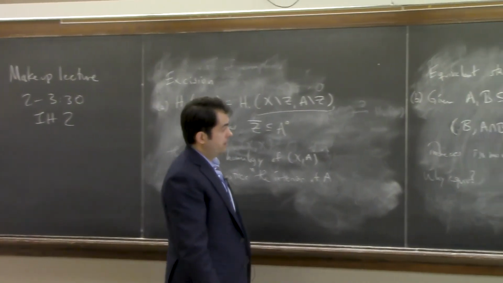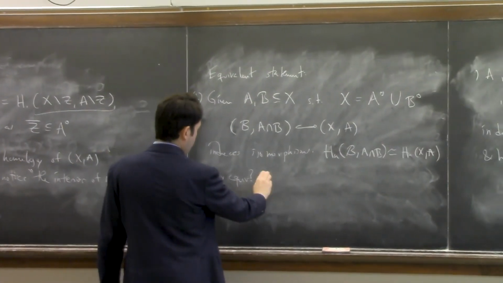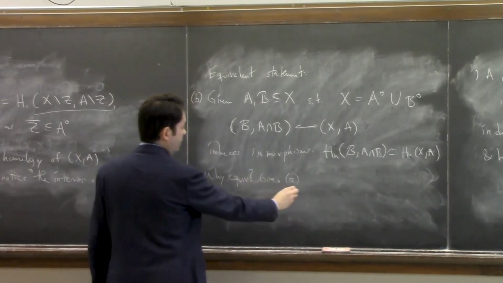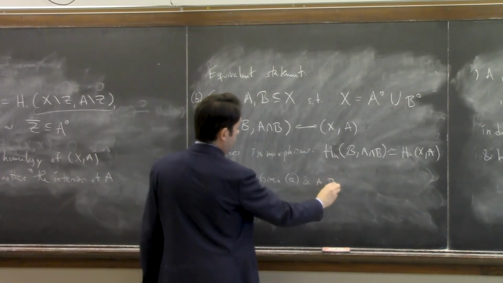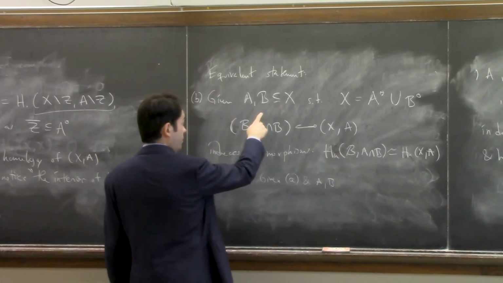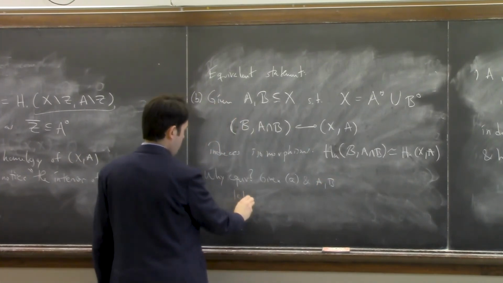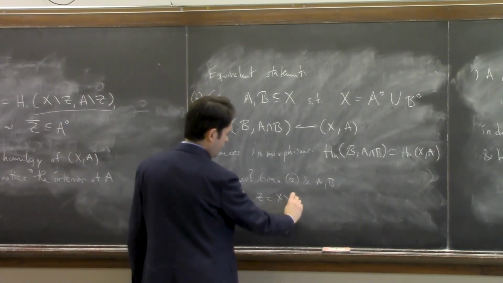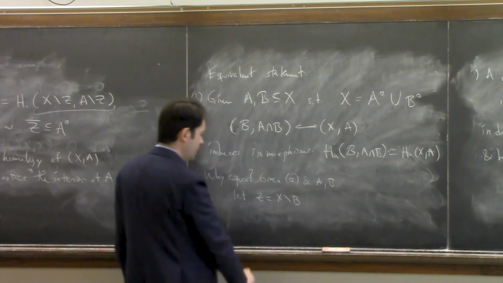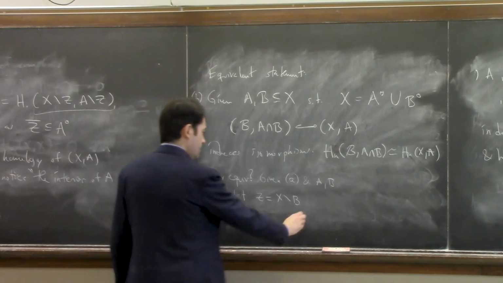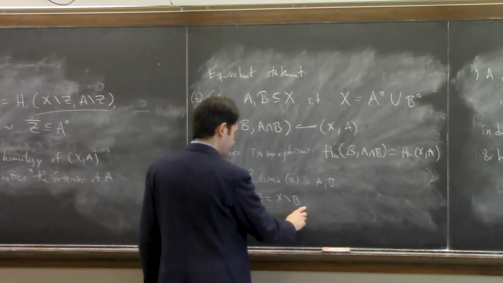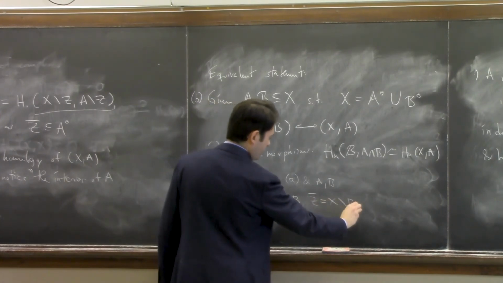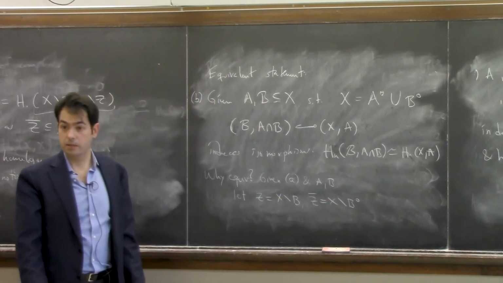Right, so given statement A, and A, B as in statement B, let Z equal X minus B. So Z bar would be X minus the interior of B, right?